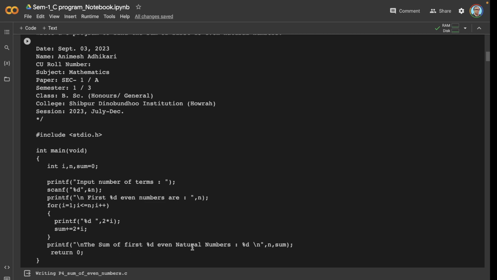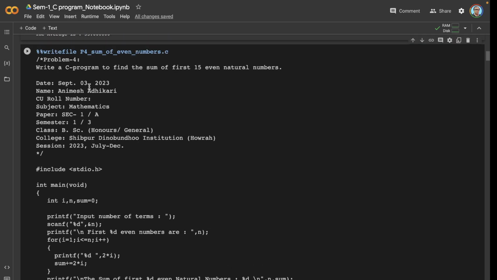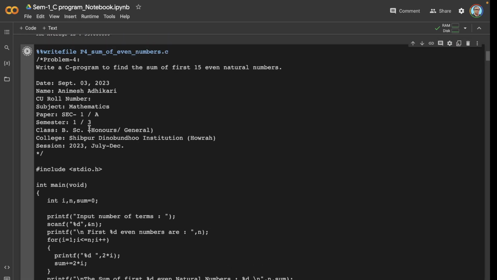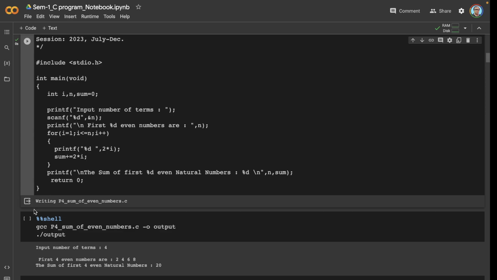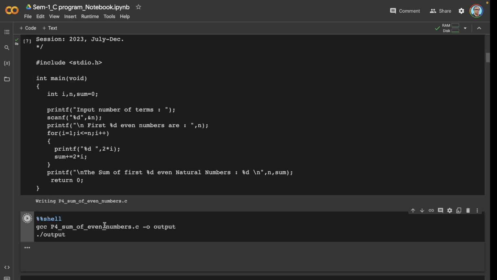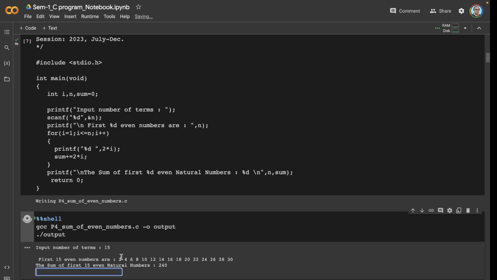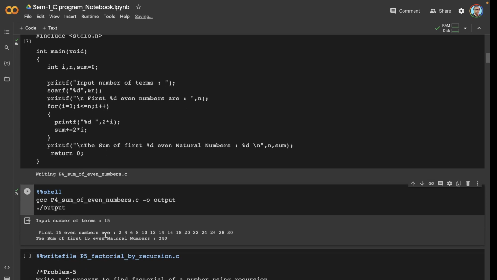So sum of the first even natural numbers is this. 15 natural numbers, so put n equal to 15. Run this program, input n equal to 15, and the first 15 even natural numbers are these 2, 4, 6, 8 up to 30, and sum of first 15 even natural numbers is 240.